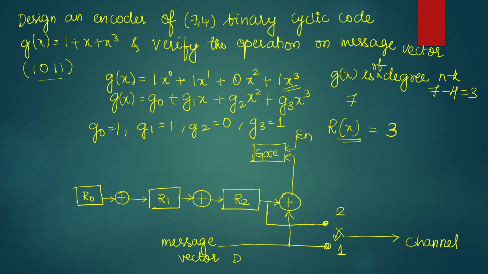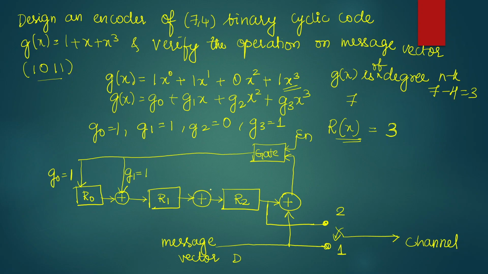Now, how this gate connects to the individual modulo 2 adders: you can see over here, the g0 value is equal to 1, so this g0 will correspondingly be an input for R0. Its coefficient is 1, therefore there is a connection. Now g1 is equal to 1, so for this modulo 2 adder, g1 would be equal to 1.